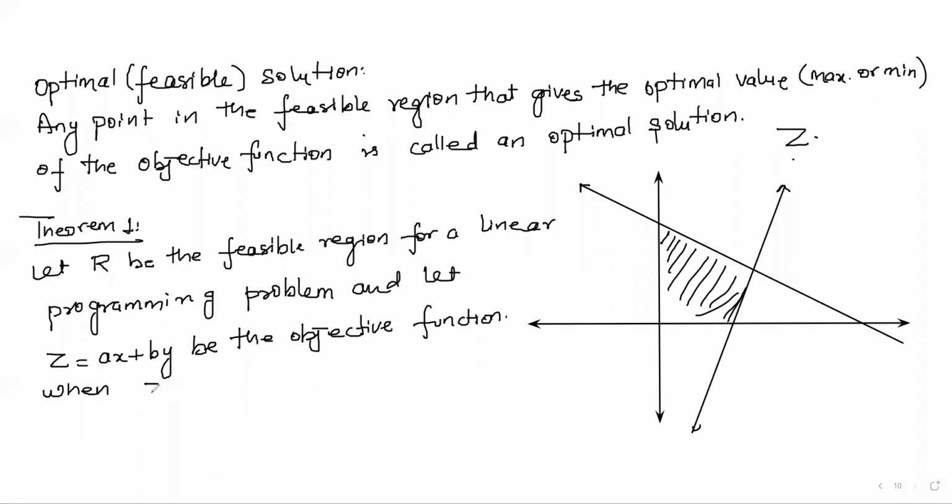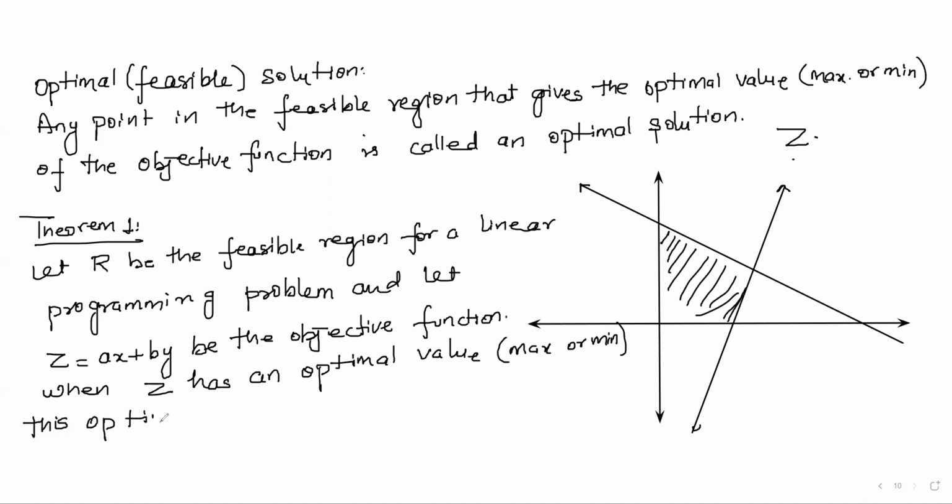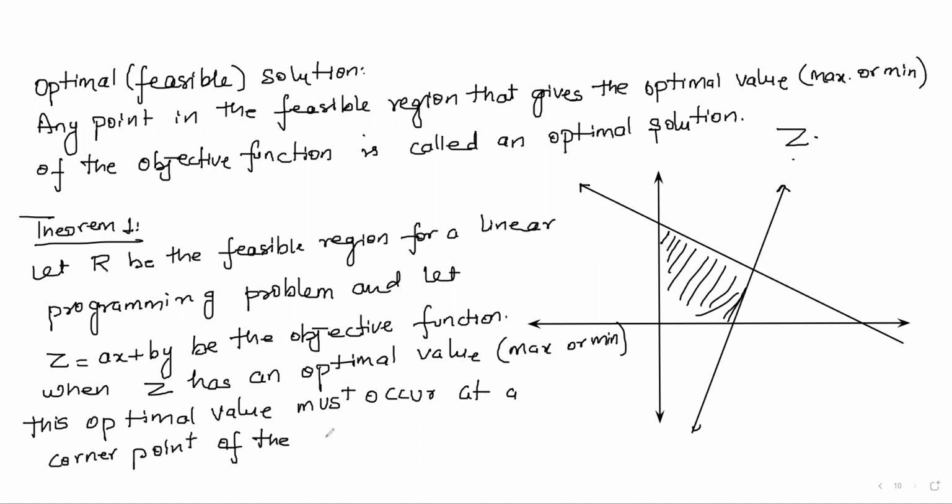When z has an optimal value, optimal value meaning maximum or minimum, this optimal value must occur at a corner point of the feasible region. Okay, what is meant by this?